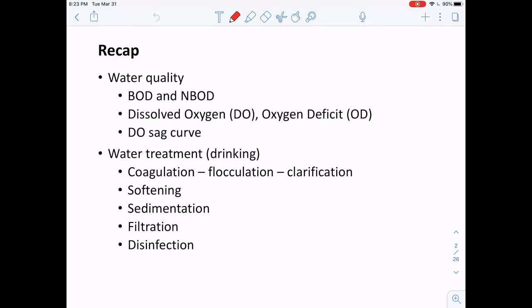For drinking water treatment, we learned the basic processes such as coagulation, flocculation, and clarification, right? We talked about softening, which mainly deals with the hardness of the water. Then we learned about sedimentation, which uses gravity to make the suspended or heavy particles settle and remove those contaminants in the water. We learned about filtration and also disinfection at the end, okay?